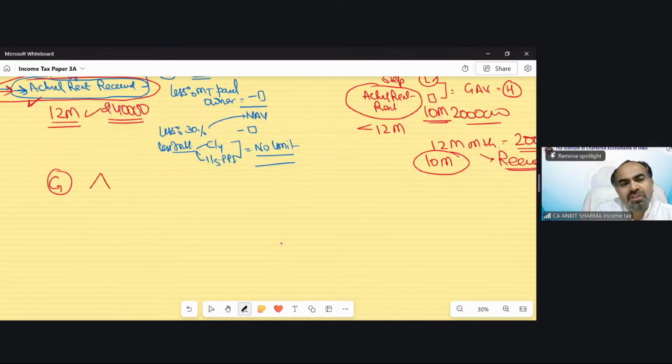Now case number G says, suppose there is a property which is let out for some part of the year. Listen very carefully.